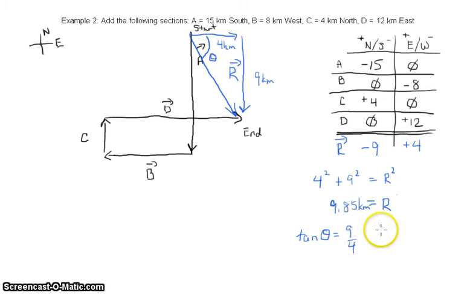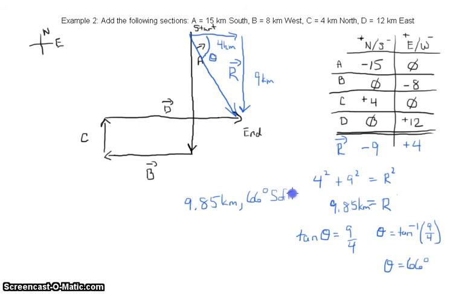If we then take the inverse tangent of both sides, theta would equal tangent to the negative first of 9 over 4. Theta would then equal 66 degrees. So our total answer would be 9.85 kilometers, 66 degrees south of the east axis.